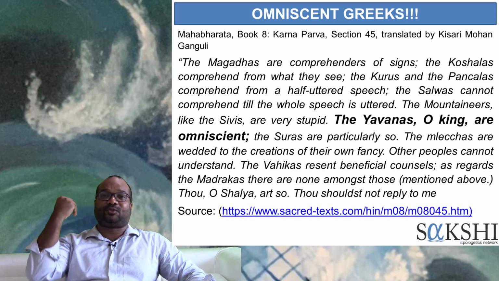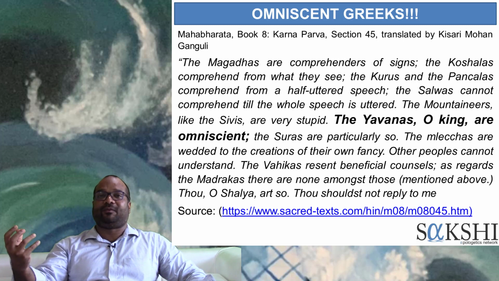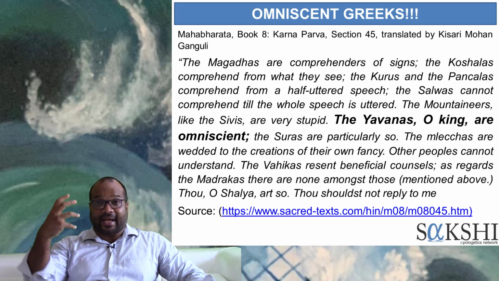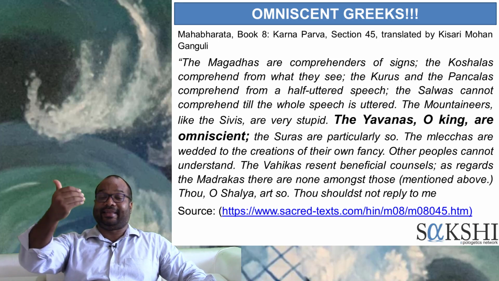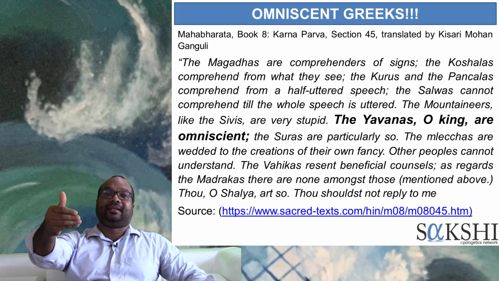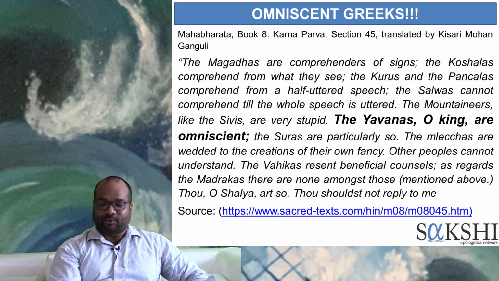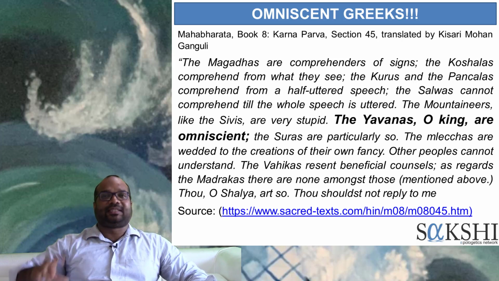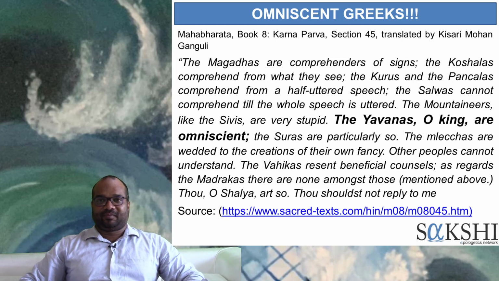Astrology was considered as one of the best sciences, limbs of the Vedic studies, and if that is very much well established in the Greek than in India, then obviously the Indians had to consider the Greeks as the omniscient. That is the only way we can make sense of this exaggeration. Otherwise, we cannot make sense of this exaggeration at all.